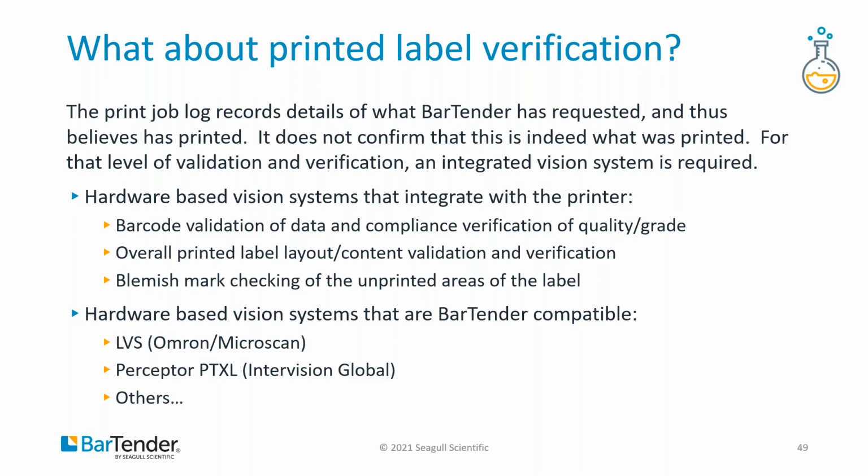And certainly we're keen to work with such systems in an improved way with BarTender as we go into the future. And there are many other systems out there that can also be used with BarTender, but those two in particular are of very high quality.